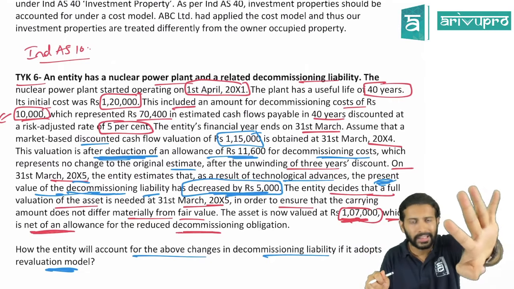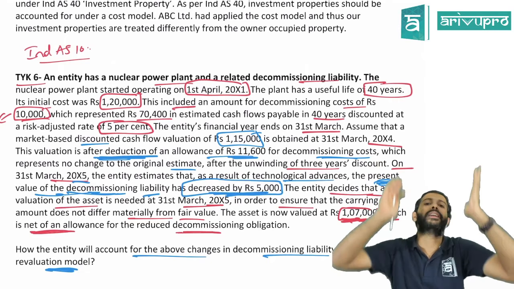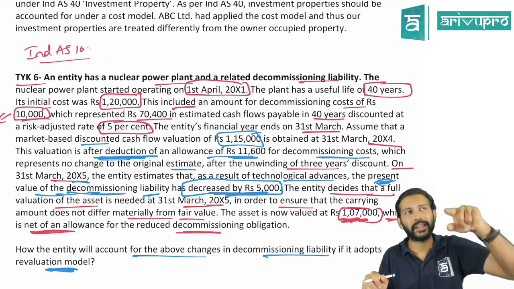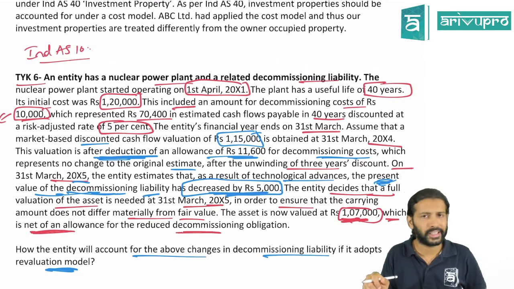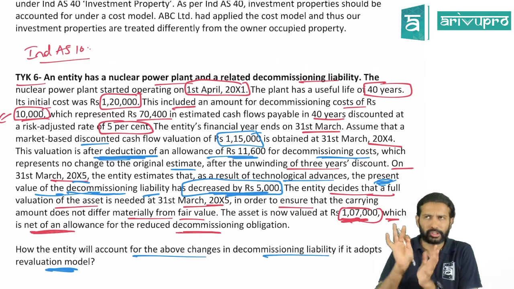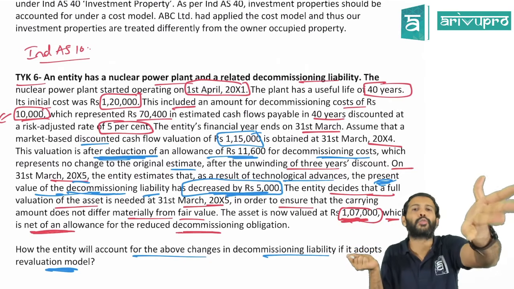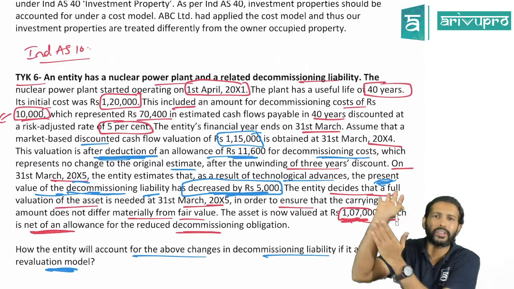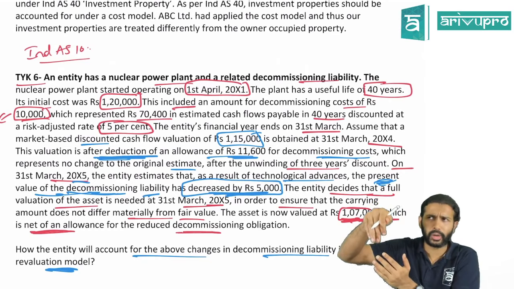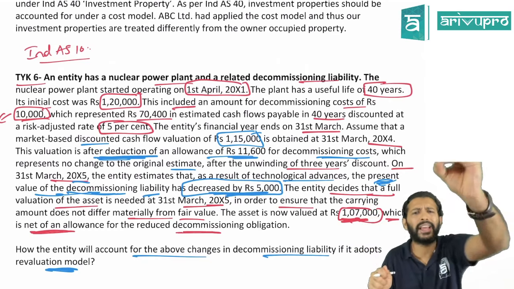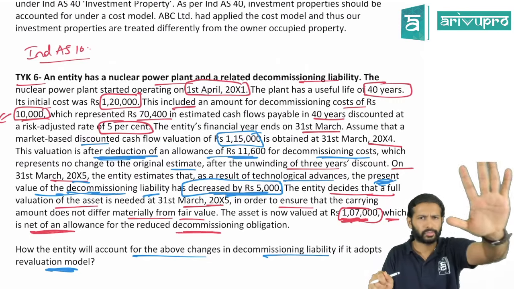The buyer not only will get the asset, he'll also get one liability on his head. What is that liability? The DSR liability. So what will he say? Boss, you're not just giving me an asset, you're also giving me one liability. So I will not give you the full value of the asset. Whatever is the value of the DSR liability now, that I will deduct. Then only I will give you the price that you ask for.